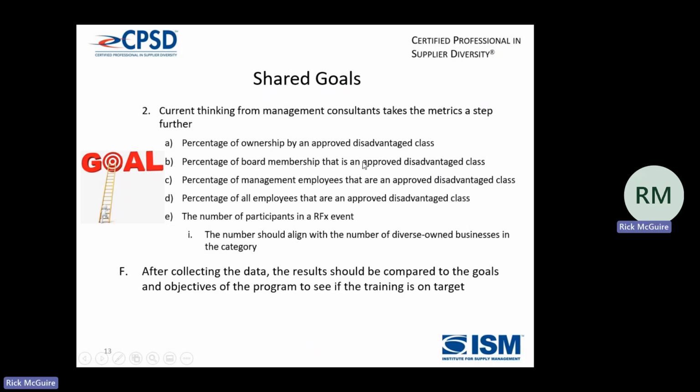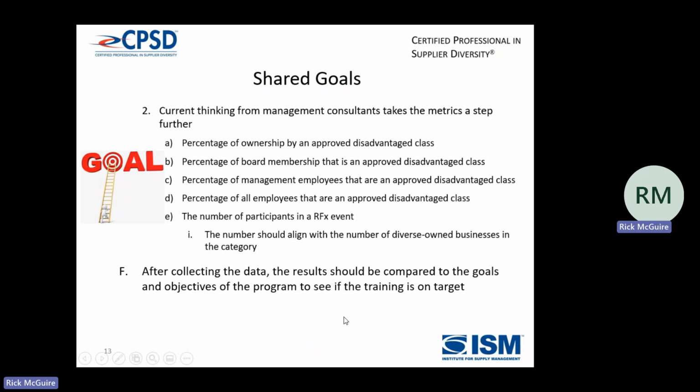That's not always easy information to get. And percentage of management employees that are an approved disadvantaged class. Percentage of all employees that are an approved disadvantaged class. And the number of participants in an RFX event. The number should align with the number of diverse owned businesses in this category. So again, to do this, you have to define what is a disadvantaged class for your corporation.